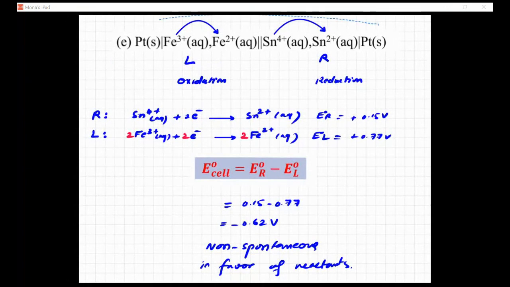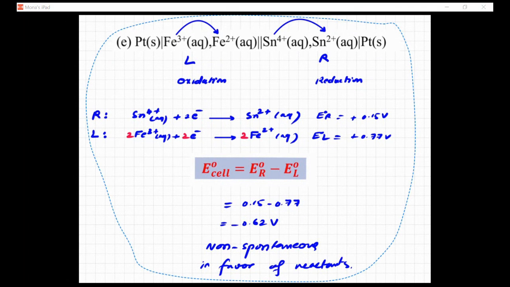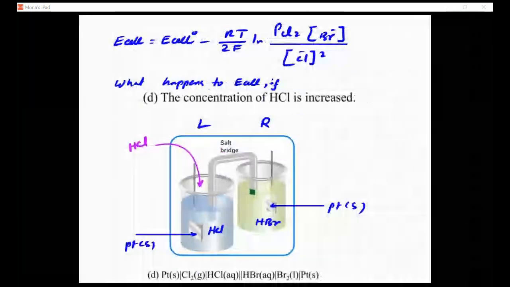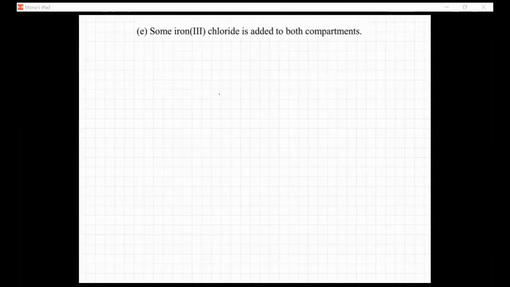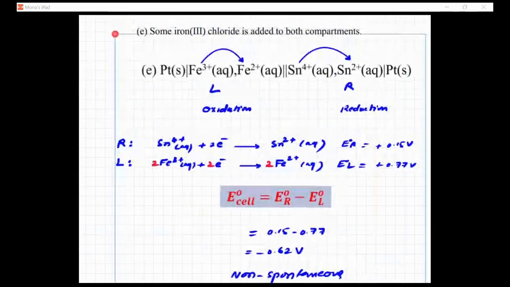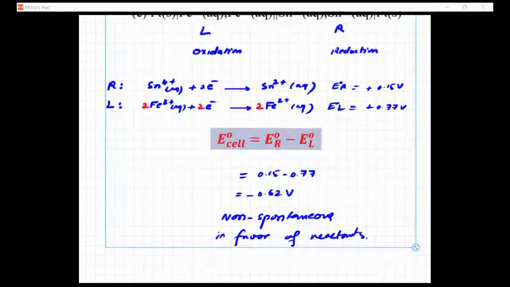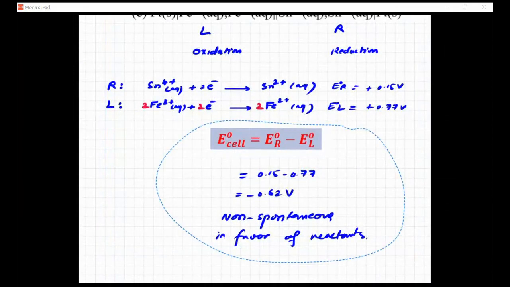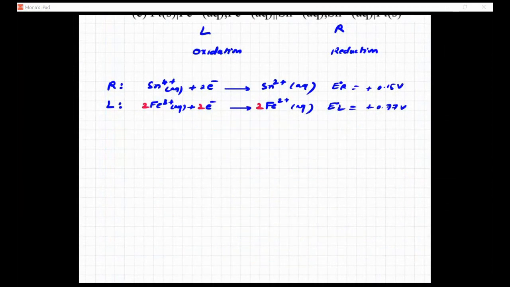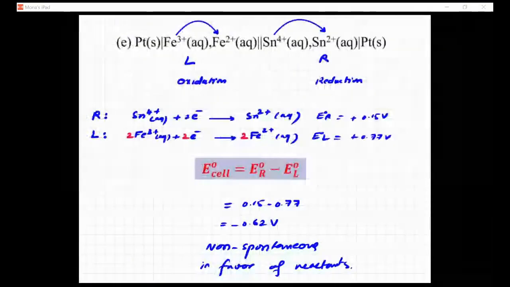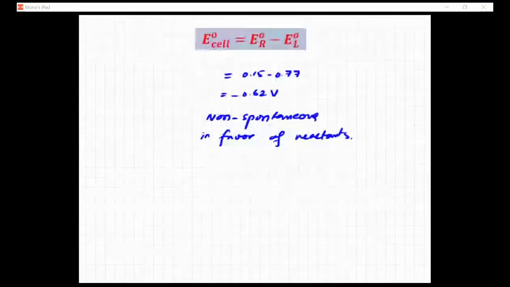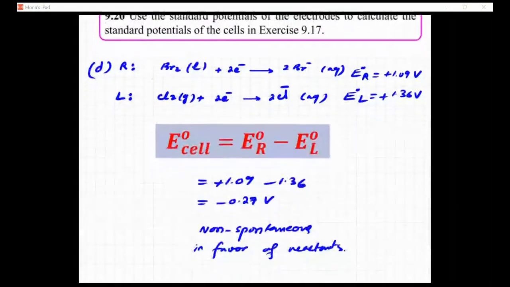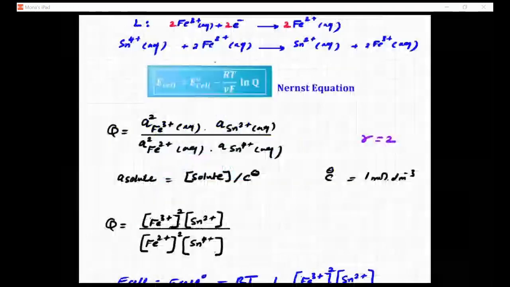Let's try to put whatever here and see what we need from that. I don't need that now, so I will remove it, but I need part E. I need the Nernst equation.